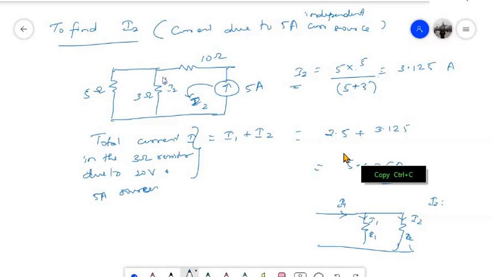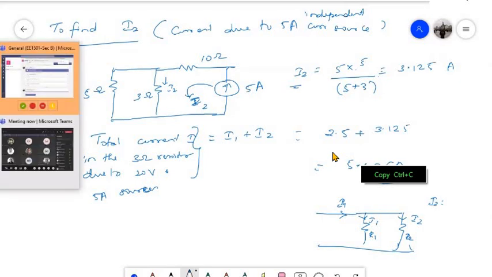It is the total current coming here, 5 ampere, into the other branch resistance. If you have many more resistances, you can find the combination of all of them. Here I have only a 5 ohm resistance, so it is that other branch resistance divided by the total resistance. That will give me I2. You can go back and refer to the notes you have written for the current division rule which we have studied. Okay, sir.